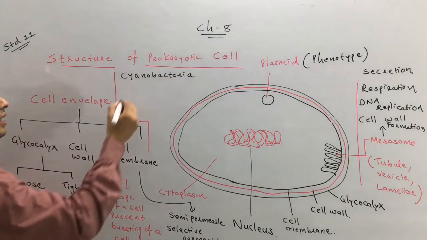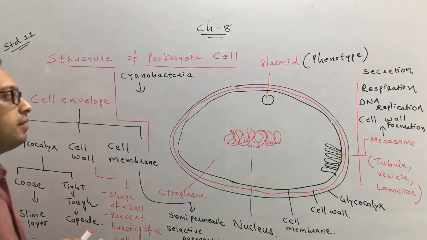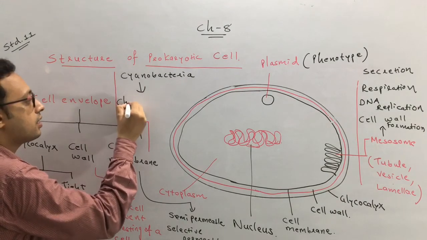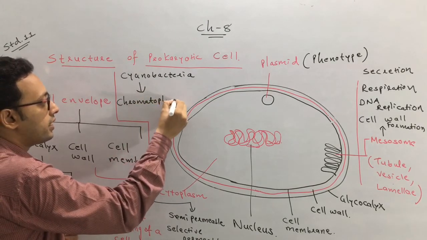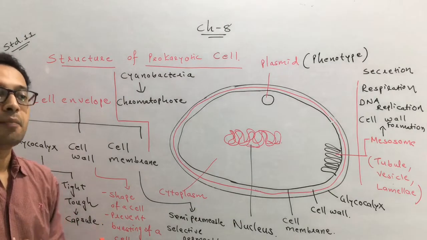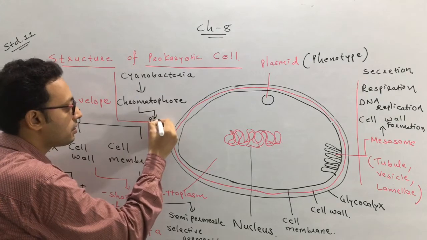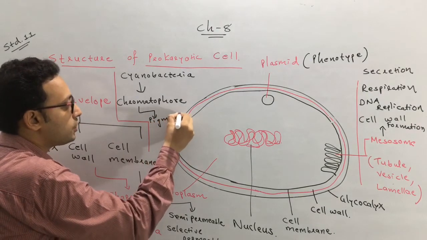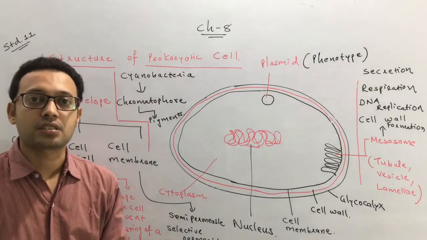Some bacteria possess specialized foldings that generate from the cell membrane, and this is called chromatophore. This chromatophore contains pigments, and due to these pigments, they can do photosynthesis.